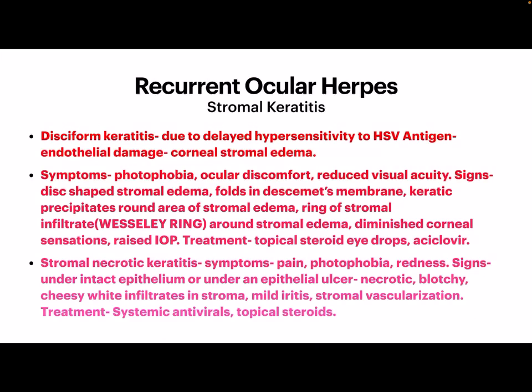Then the next type of lesion is stromal necrotic keratitis. Here the symptoms are same: pain, photophobia, redness. Then signs. Under an intact epithelium or under an epithelial ulcer, there will be necrotic, blotchy, cheesy white infiltrates in the stroma.